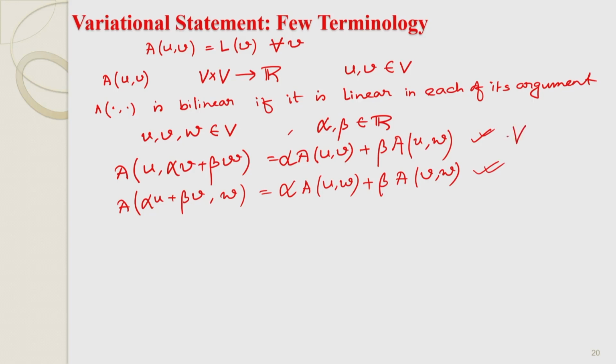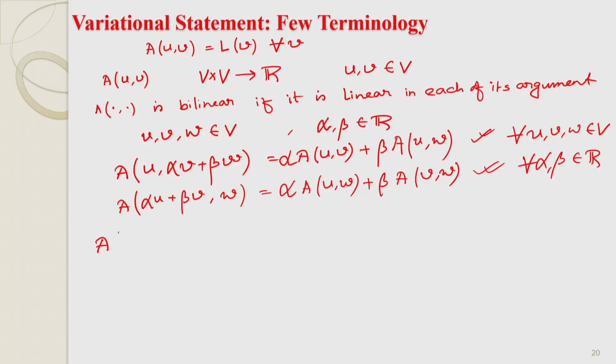This should be satisfied for all u, v, w belonging to the vector space and for all alpha, beta belonging to R. So, we can tell this operator A is bilinear if it is linear in each of its arguments.